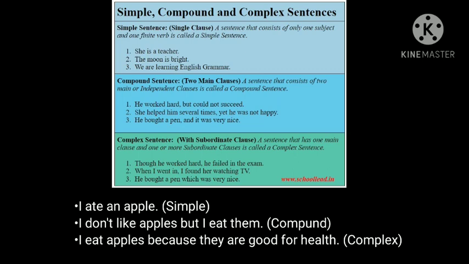For example, I eat apples because they are good for health. Here we have one independent clause, that is I eat apples, and the other one is a dependent clause, because they are good for health. These both clauses are joined with the subordinating conjunction because, and so this is a complex sentence.